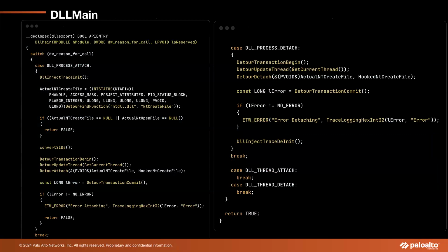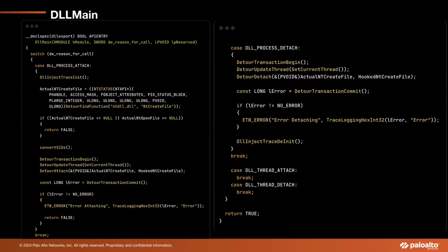And as I said, this is the actual NtCreateFile that we found through DetourFindFunction. Once you have where it is, as this works as a transaction, here is where the transaction begins, and here we got the list of IDs that we defined. We run this update thread, and what it's going to do is update the memory addresses.